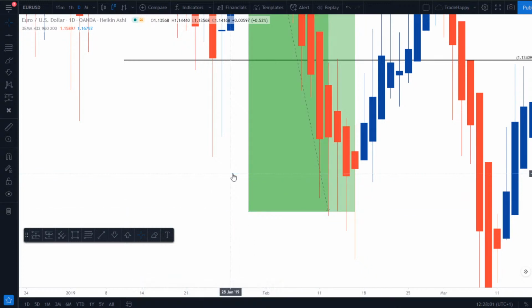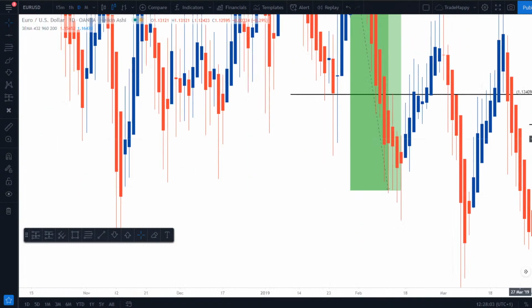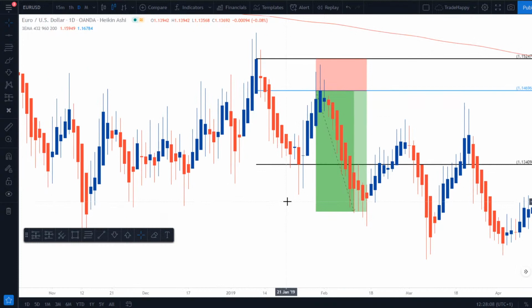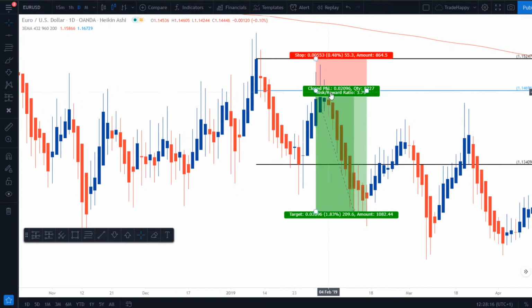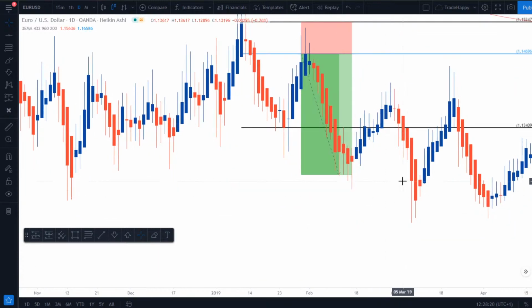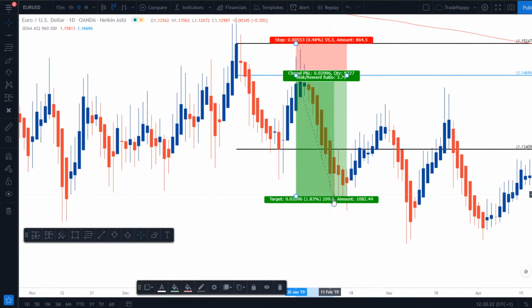So that's how I would calculate the take profit for this strategy. And this is like my go-to strategy for trading. Super easy to do. It's something that can work on all time frames, and I've got confidence in it because I've tested it. So in total that's 290 pips.